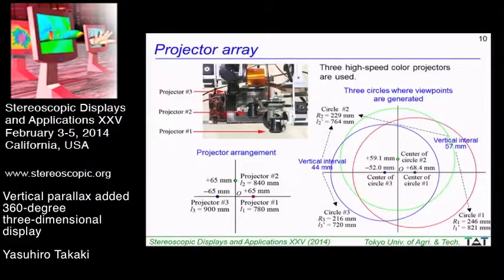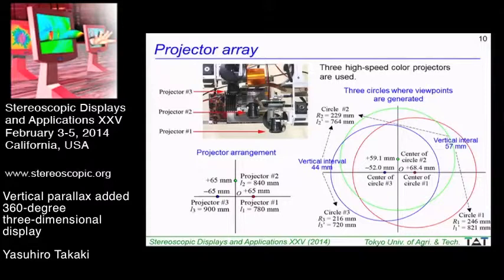The projector arrangement and the viewpoint generation scheme are explained. We used three high-speed projectors to provide three viewpoints in the vertical direction. The positions of the three projectors are shown in this figure.